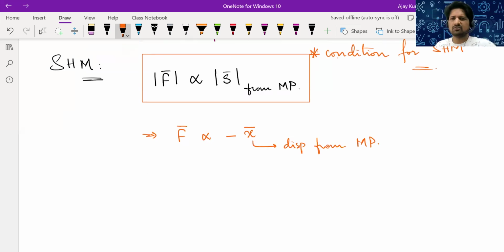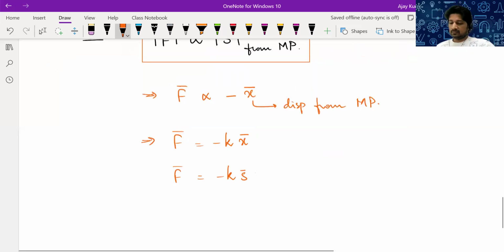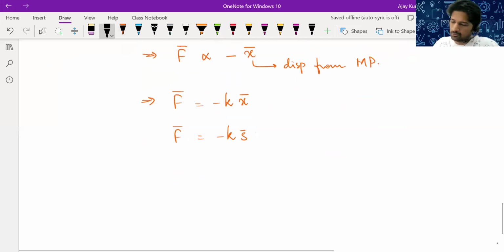And the proportionality constant, you can assign some value. So the restoring force will be of the form minus K X, or you can also write F is equal to minus K S. This is the relation between force and displacement in simple harmonic motion.